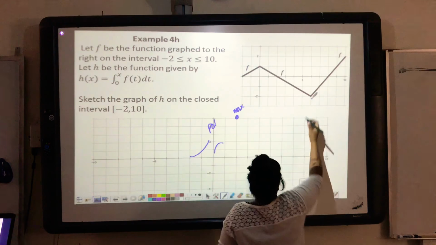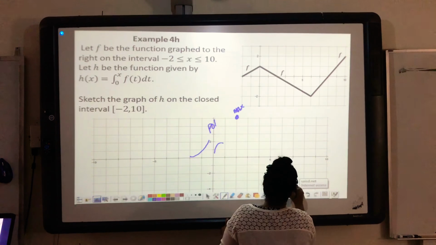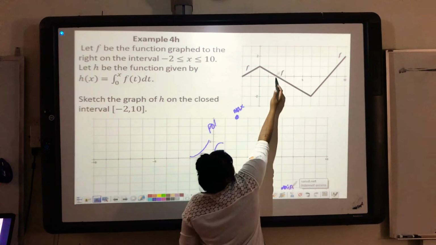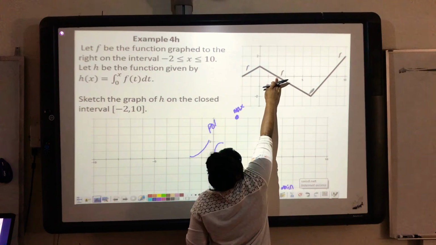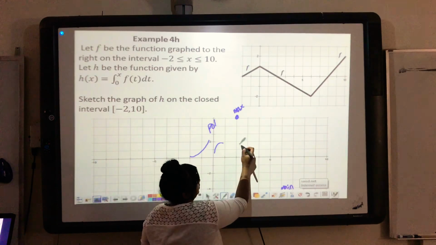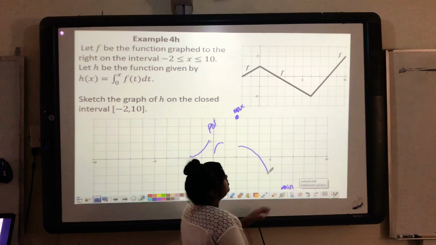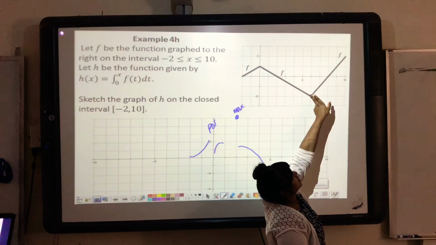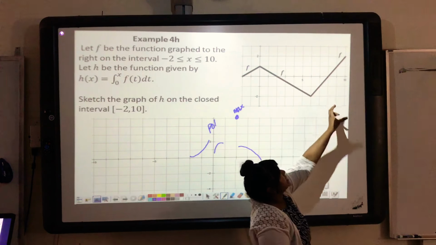We can label our other one at 6, some sort of min. From 2 to 6, we have it going concave down and it's decreasing. So concave down and decreasing means on this side it must go like this. From 6 to 8, it's going to be concave up, but it's decreasing, so like this on this side.